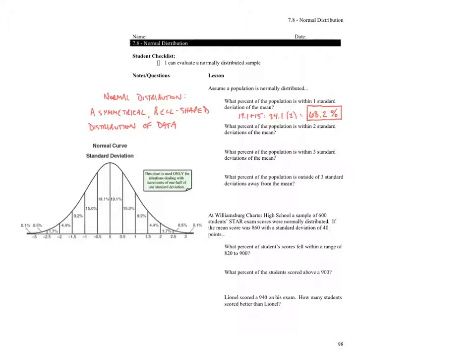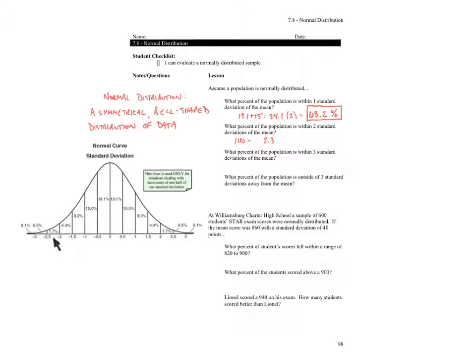What percent of the population is within 2 standard deviations? Well, we've got some options here. We know that this is 68.2. So I could add to that my 9.2 and my 4.4, and then another 9.2 and 4.4. Or, what I think is easier in this situation, is I know that 100% of my data is this whole thing. So I'll take away 1.7, I'll take away the 0.5, I'll take away the 0.1. So I have 1.7 plus 0.5 is 2.2, plus 0.1, so all that adds up to 2.3.